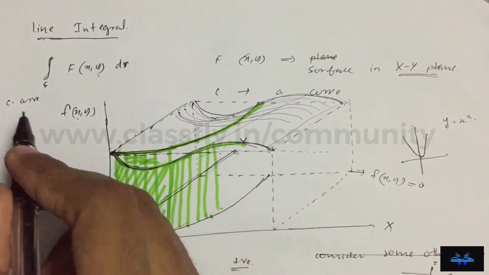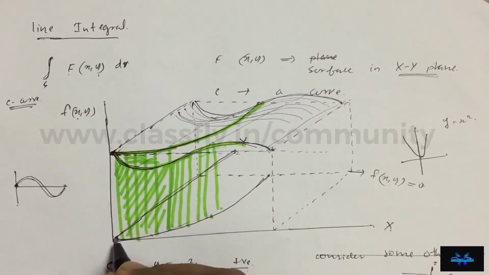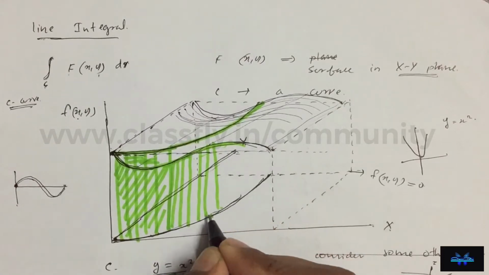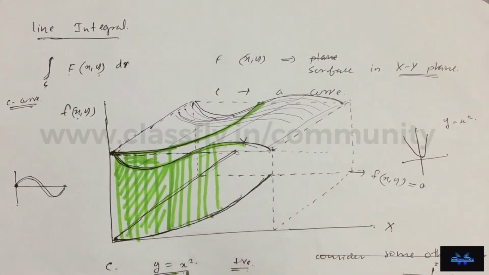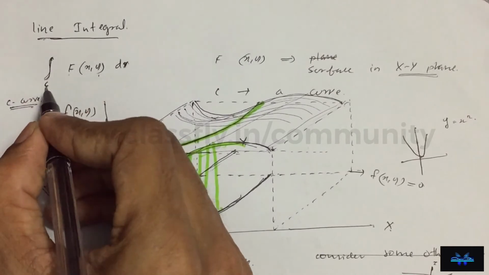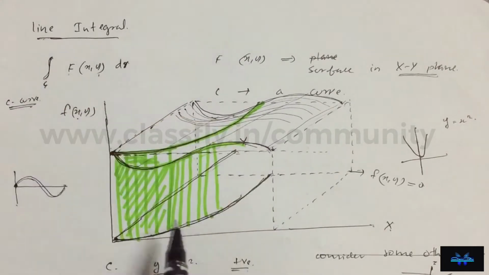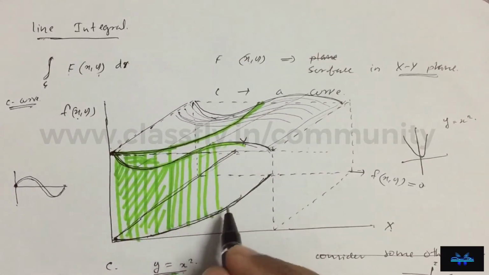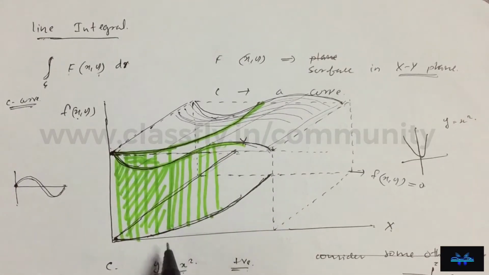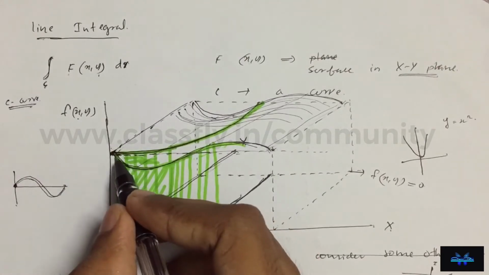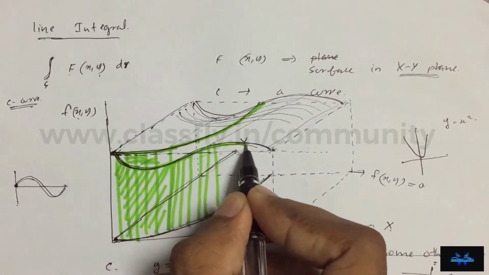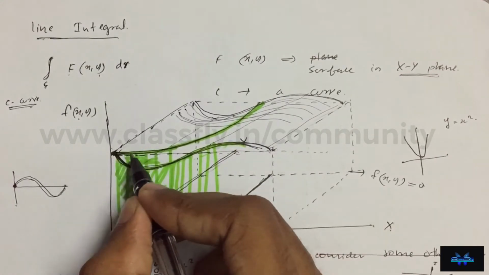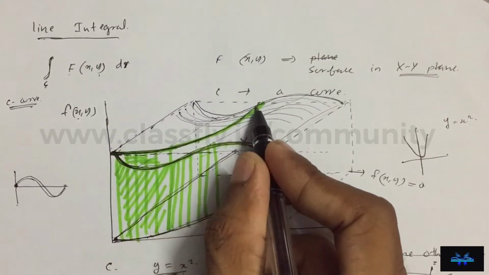Now consider a curve, our curve C, which is our actual curve. Then integral over C f of xy dr indicates the area under the surface and the curve. The curve is moving like this, and the surface is moving like this, and the curve in this plane is like this.